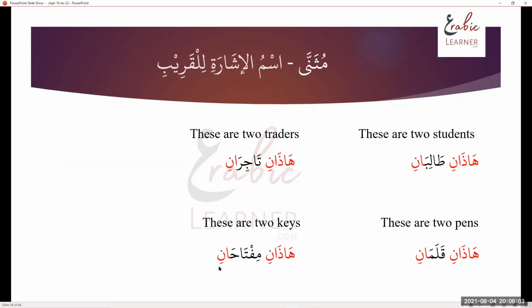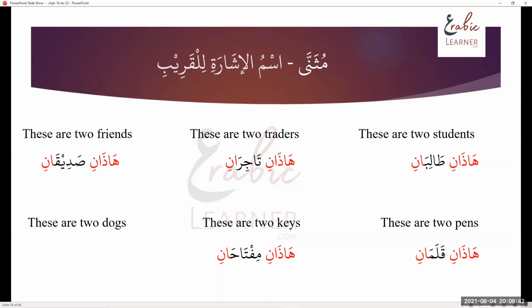Hadani miftahani. Well done, mashallah. These are two friends. Yes, Hadani sadiqani. These are two dogs.